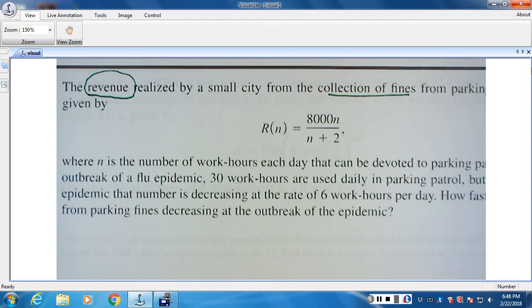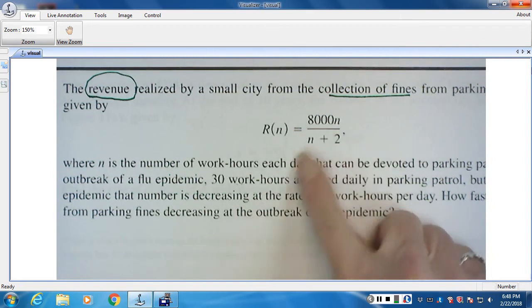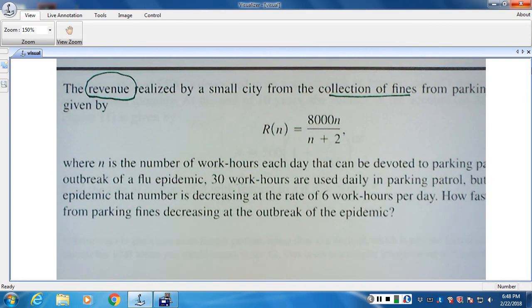Their revenue function, which is 8,000 N over N plus 2, is based on N, and N is the number of work hours every day that are spent collectively by more than one person writing parking tickets.